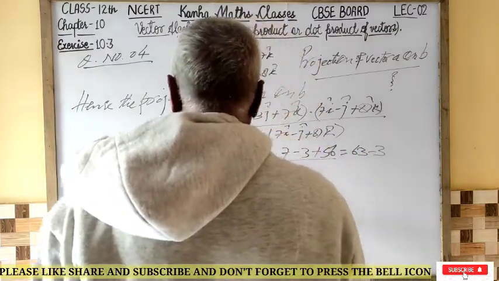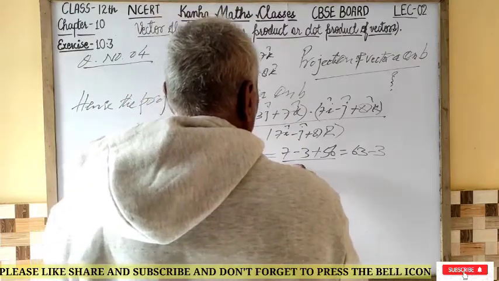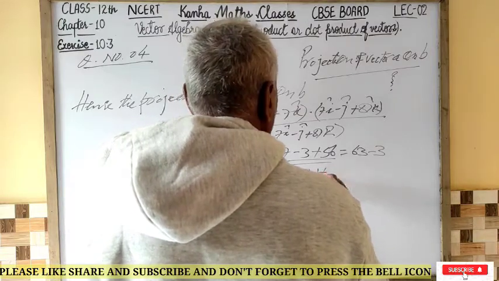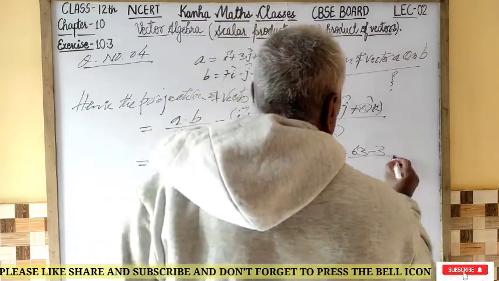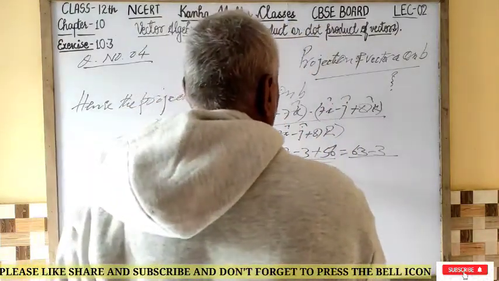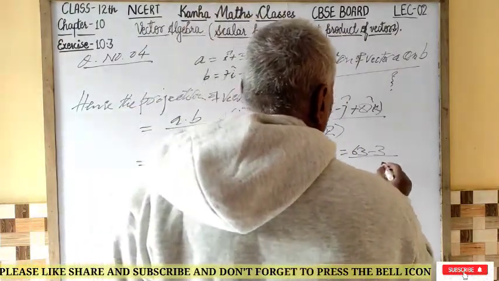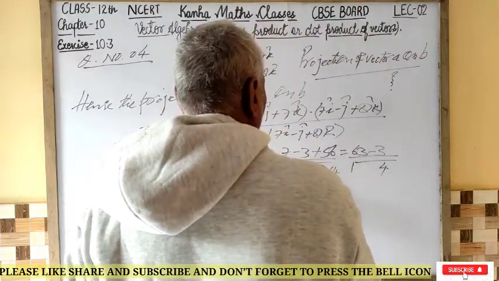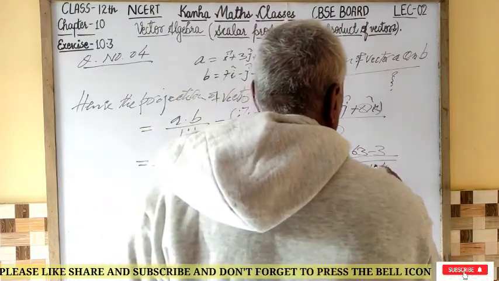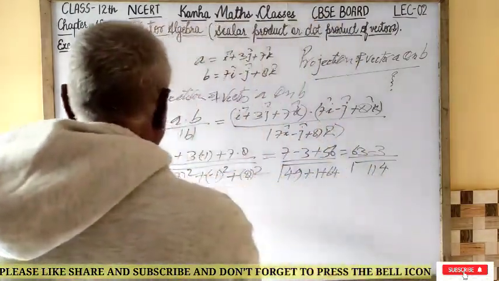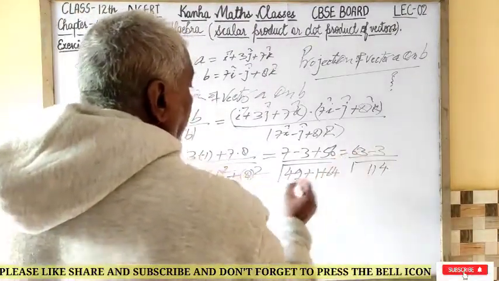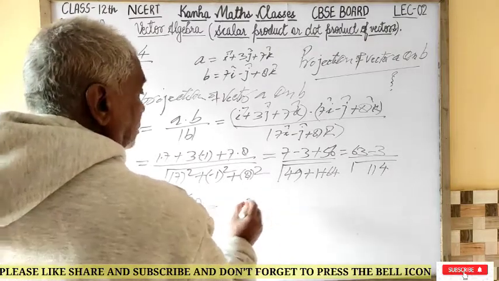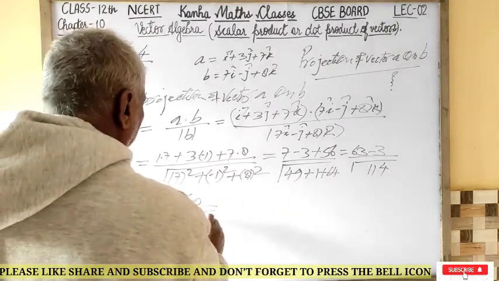Upon 7 square means 49, plus 1, plus 64, which is 114. So 63 minus 3 will be 60 upon under root 114.